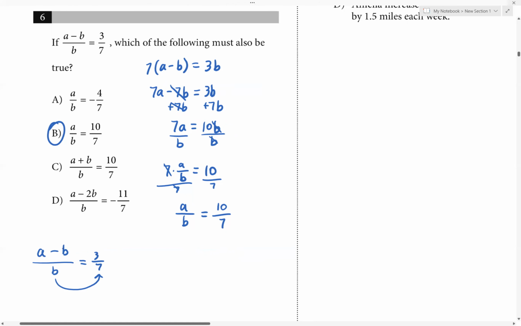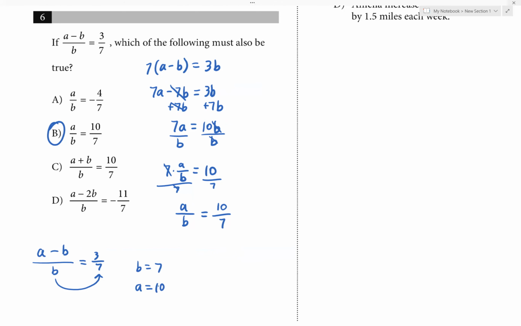So a minus b has to equal 3. Well, if b is 7, a has to be 10, right? 10 minus 7 will give us 3 on the top. Okay, so we can say if b equals 7, a has to be 10, to make this equation work.